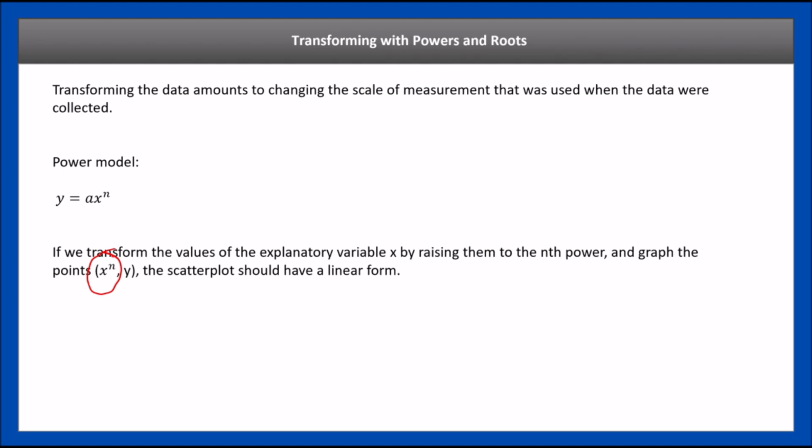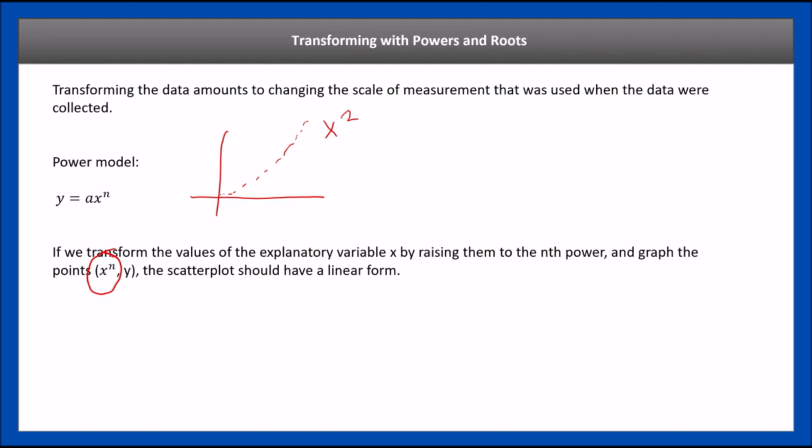For example, if I have a set of data points that appears to be cubic, or let's just say quadratic with x to the second, then our power model is y equals a x to the second power.